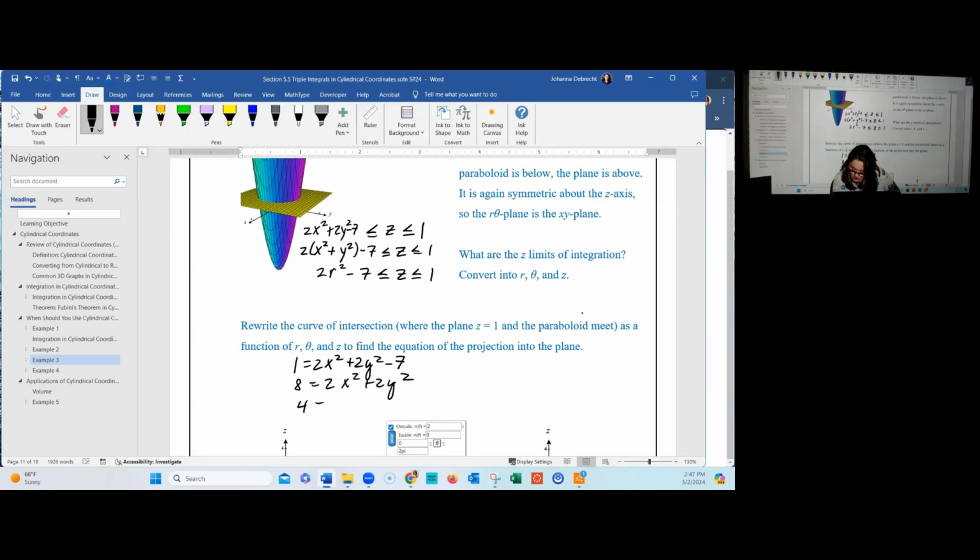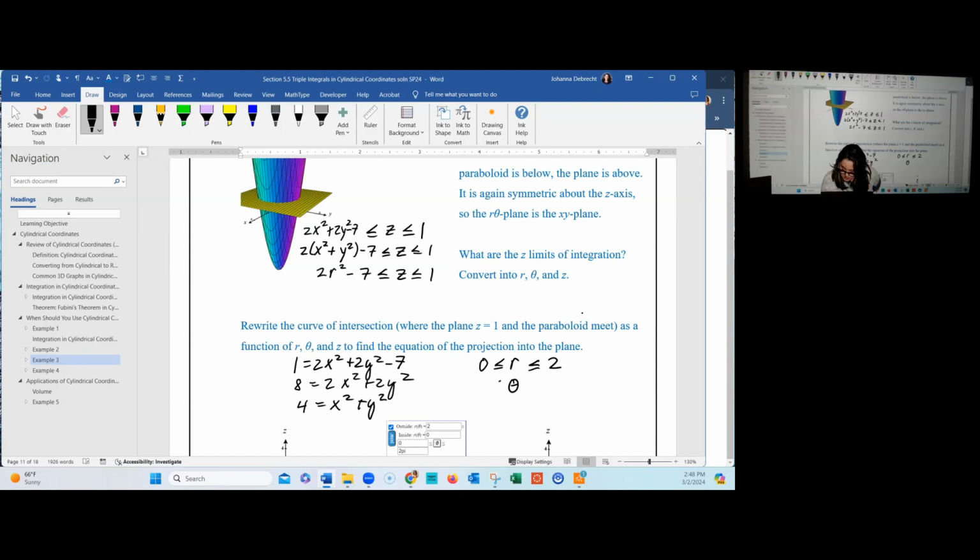This gives us the equation 4 equal x squared plus y squared, which of course is a circle of radius 2. This means the projection into the plane is going to be a circle of radius 2. If we want to go all the way around the circle, then theta needs to vary between 0 and 2 pi. To get all of the inside of the circle, r needs to vary from 0 to 2. And this will give us our limits of integration for the outer two integrals.